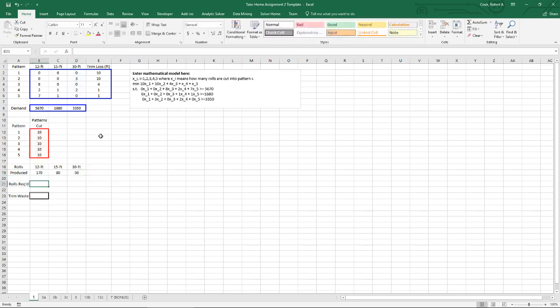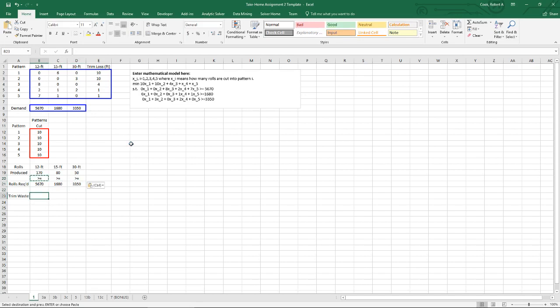Okay, now our rolls required are simply our demand. So we make a relative reference to sort of point, if you will, with the air quotes, towards the demand for each section. It's as simple as that. Of course, we need to be producing more, not less, than we are required to produce.